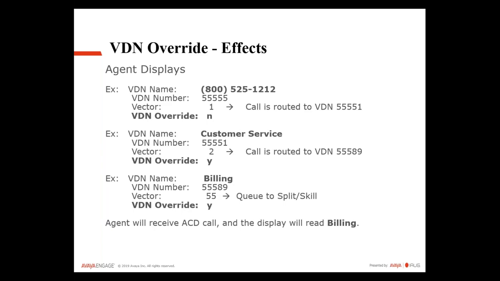So if the call's answered in customer service here, the agent will see the toll-free number on their display. But if the call continues to billing, and again, hey, customer service, can I override you? Customer service says yes, billing becomes active, and if it gets answered in billing, the agent will see billing on their phone. So far, so good.